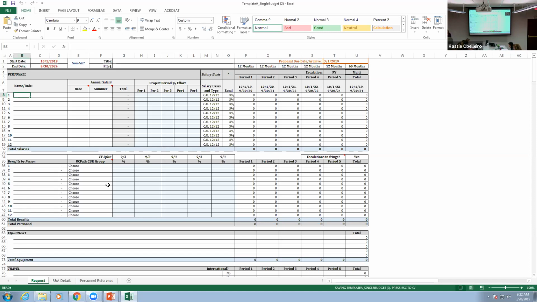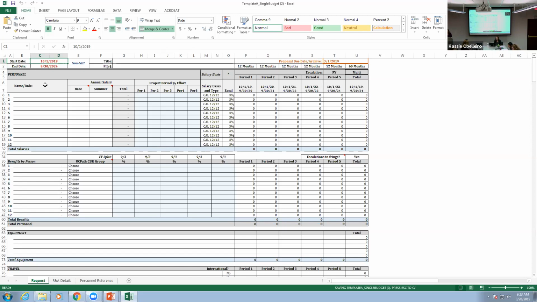While we're waiting for that, I'm going to start to talk about the top here. So everyone will need the budget entry exercise. We're going to simulate entering an NIH proposal for Dr. Jeffries from chemistry.